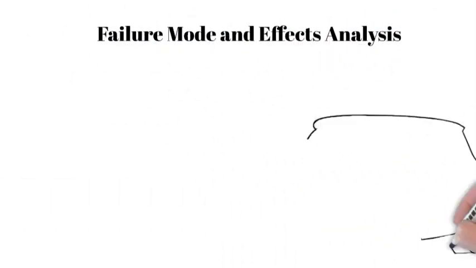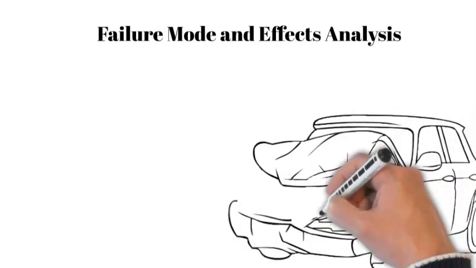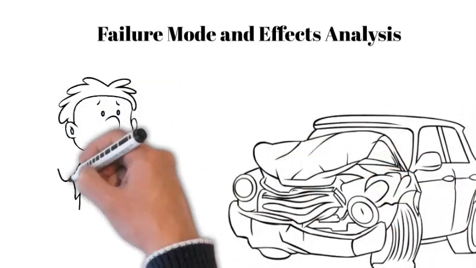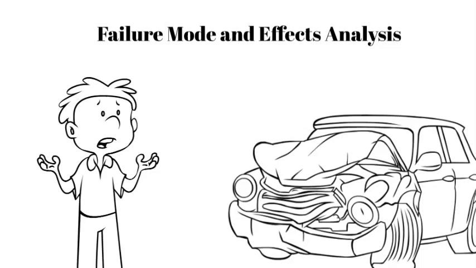Number 7 is failure mode and effects analysis, or FMEA. Finding the cause of a problem after it has occurred and then correcting it is certainly one way to manage process performance. In most situations, however, it makes more sense to be proactive and prevent it from happening in the first place.